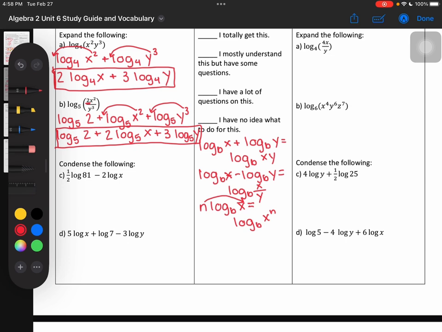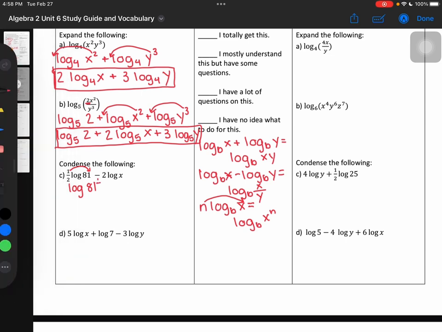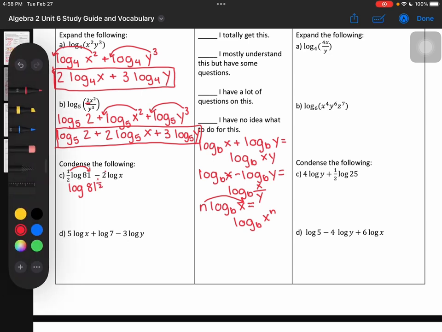Okay, so now when we condense them, we want to write them as one log, and we are going in the opposite direction. So I'm going to take the 1/2 and I'm going to put it as an exponent on the log. And same thing here.